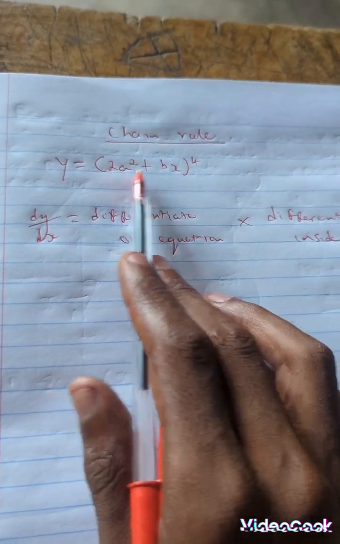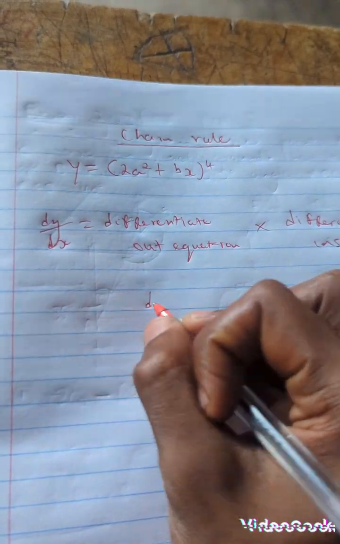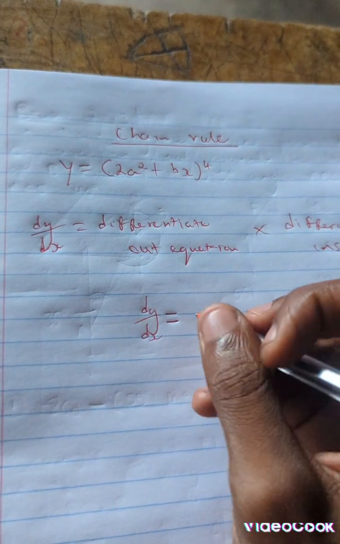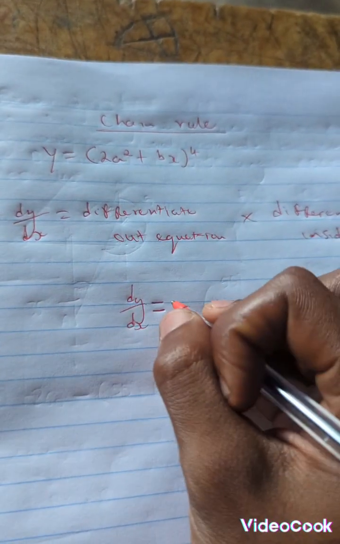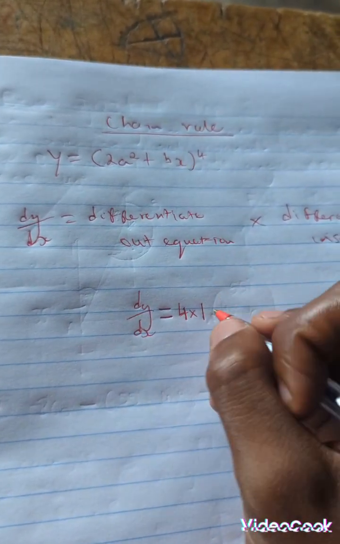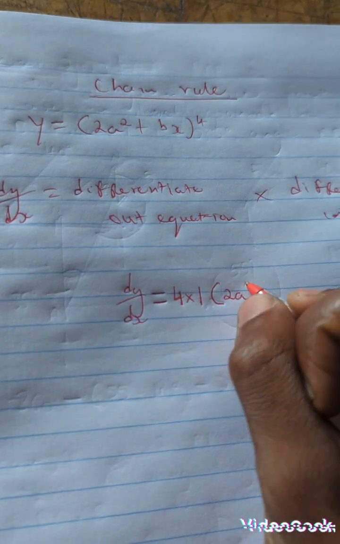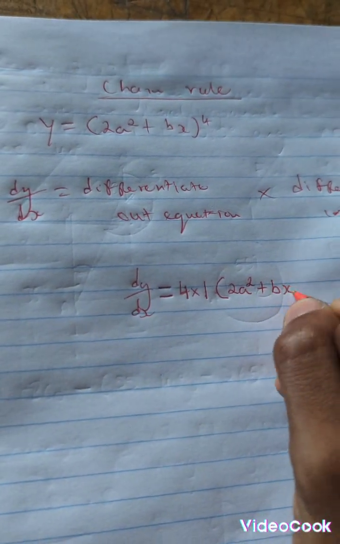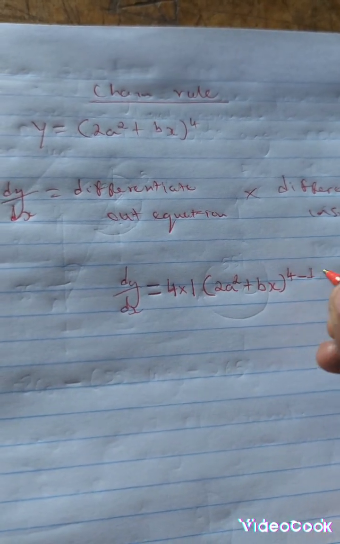So we're going to start. The outside equation is this equation. So we're starting with the outside. dy over dx is equal to our outside equation, which will be 4 times 1, because the coefficient there is 1, (2a squared plus bx) to the power 4 minus 1.